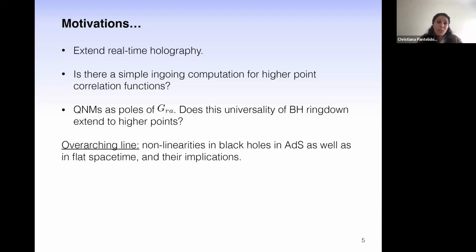Okay, so these are three motivations, but talking more broadly, this computation lies in the research line that makes an attempt to understand nonlinearities in black hole spacetimes with both AdS and also flat space-time boundary conditions and their implications for various observables.